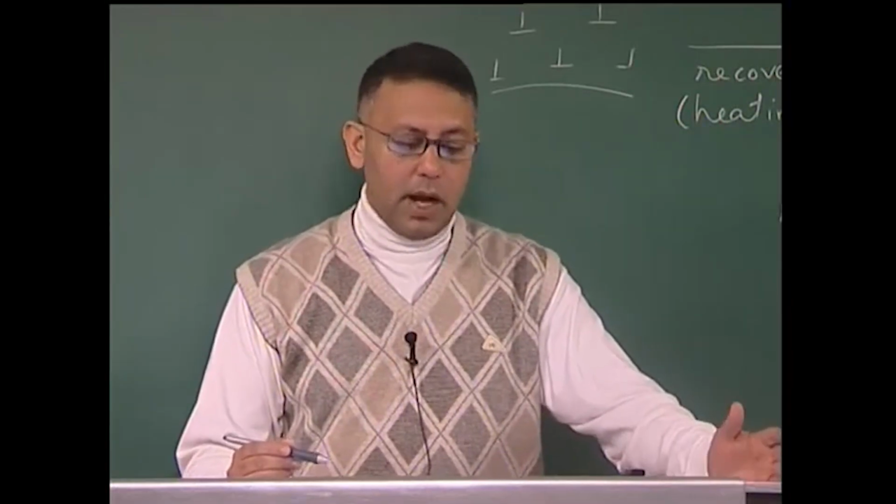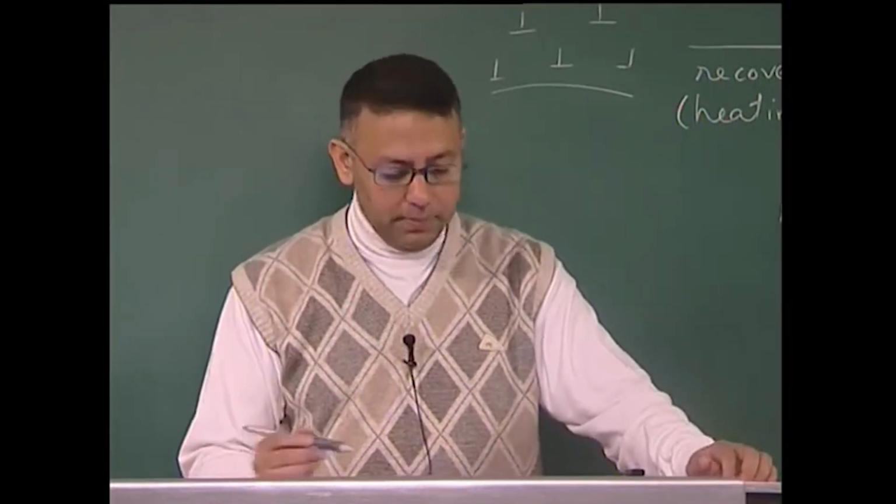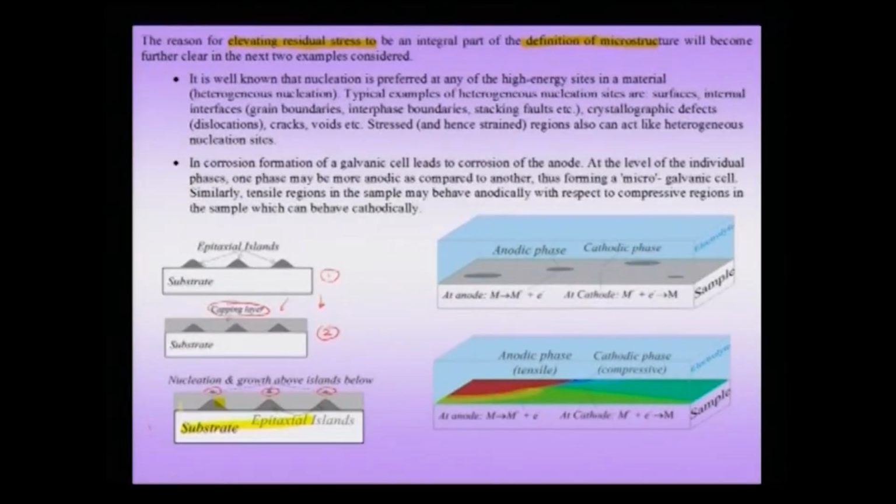This implies, suppose I am talking about nucleation, we know from our classical understanding of nucleation that nucleation is preferred at any of the high energy sites in a material. This could be a grain boundary, or a dislocation, or a pre-existing precipitate, and all these forms of nucleation are called heterogeneous nucleation.